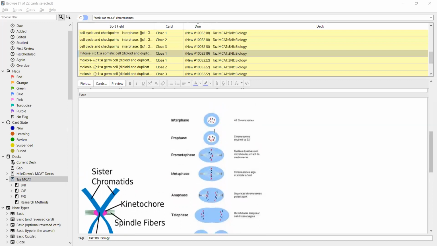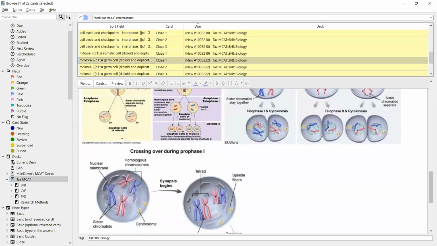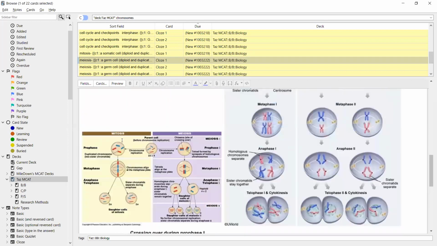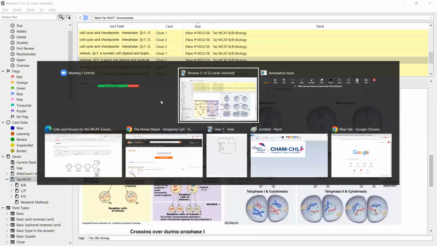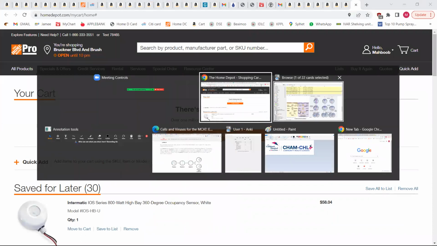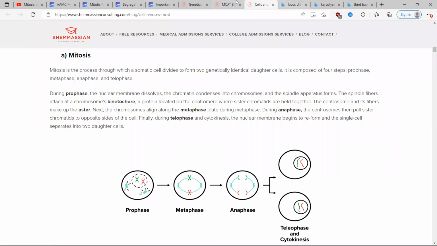And mitosis basically involves, let me see if I can get a better picture. Okay, here we are.